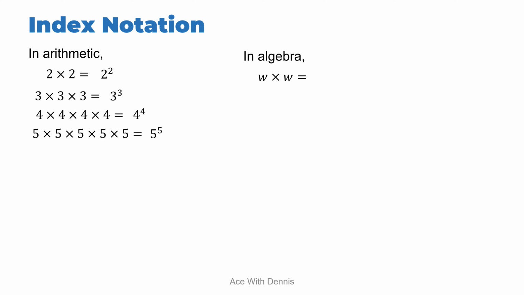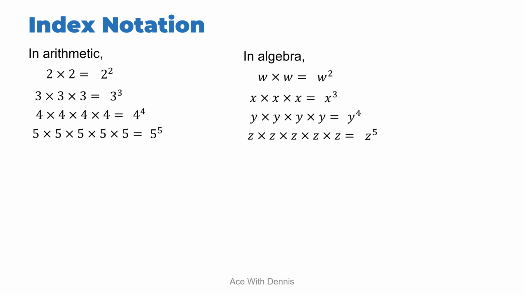In algebra, w times w can be written as w squared, x times x times x can be written as x cubed, y times y times y times y can be written as y to the power 4. z times z times z times z times z can be written as z to the power 5.